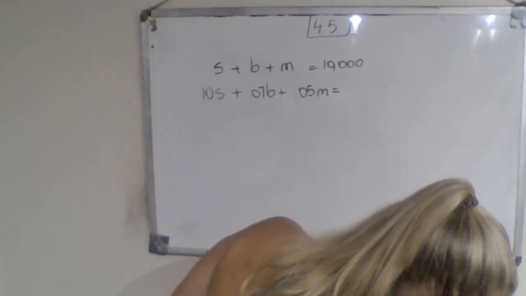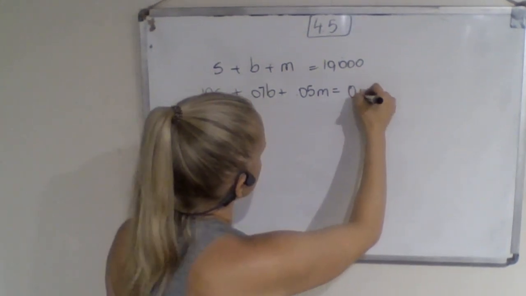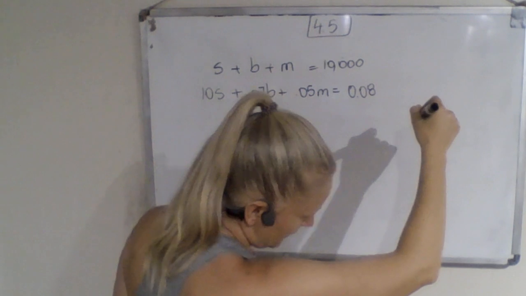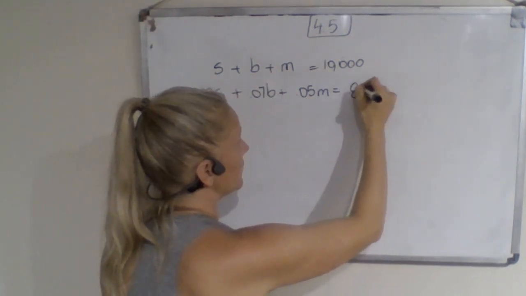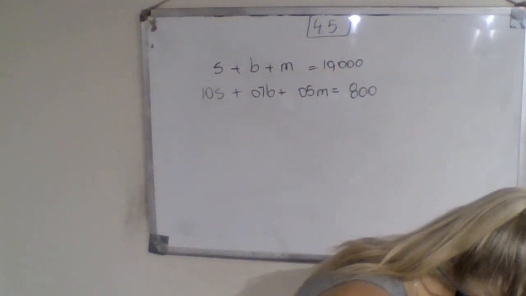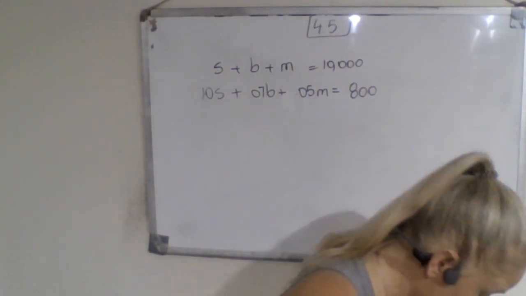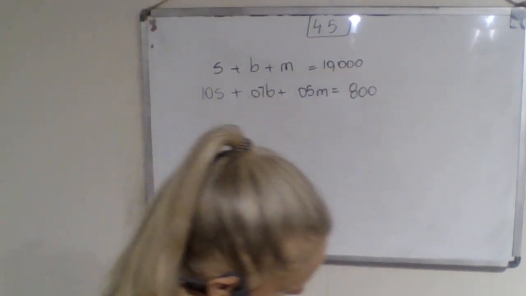And the total that I invested becomes about 0.08 times 10,000. Or if you do the math already, it's $800, right? It tells you at the end of the book you get an overall annual return of 8%, okay? So it's 0.08 times that amount, it's $800.